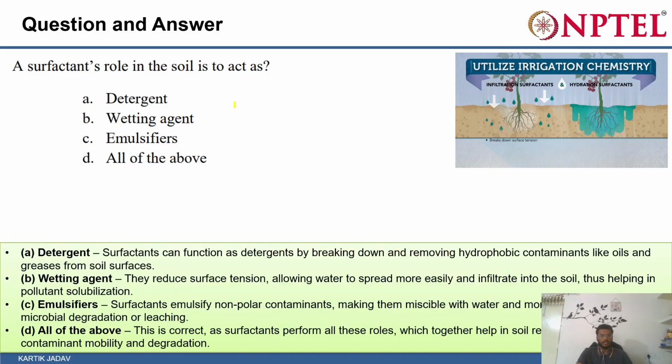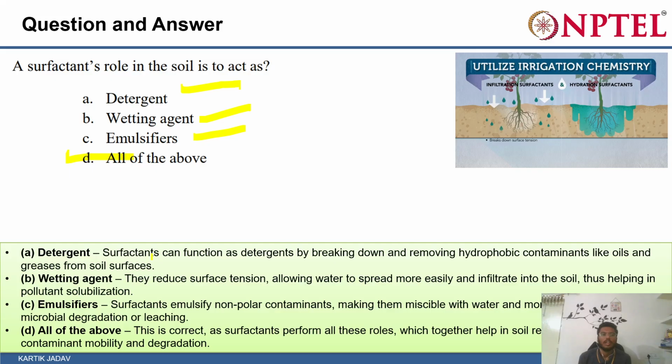Next question. Surfactants' role in soil is to act as, so we know that surfactants act as a detergent, wetting agent and emulsifier. So all of the above are correct for this. So surfactant can function as detergent by breaking down and removing hydrophobic contaminants like oils and greases from the soil.